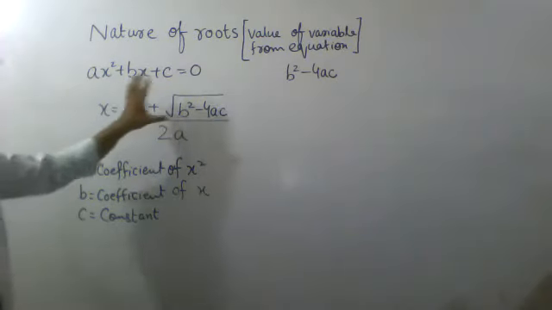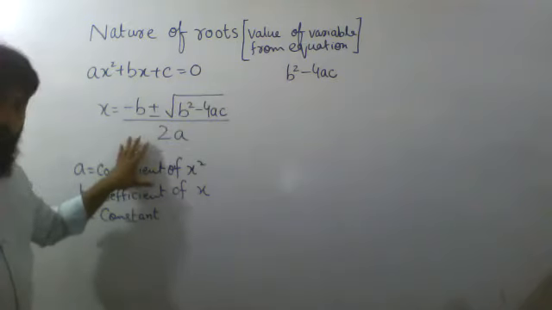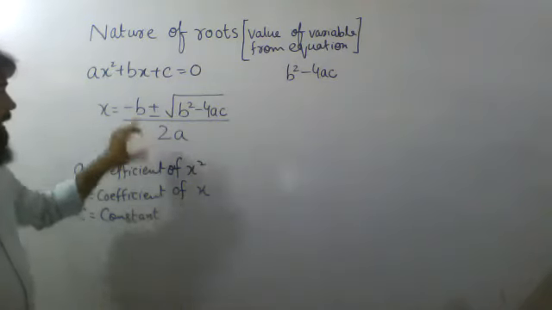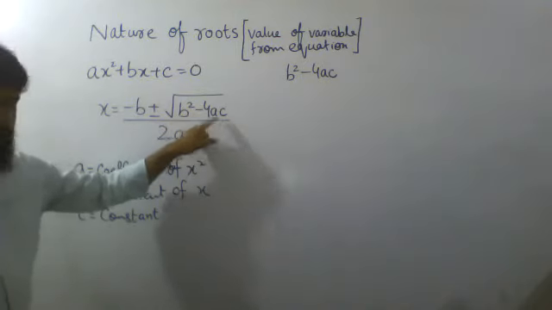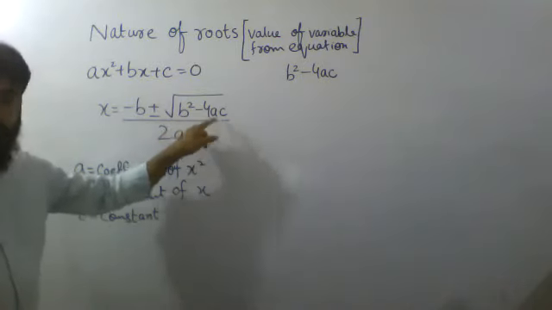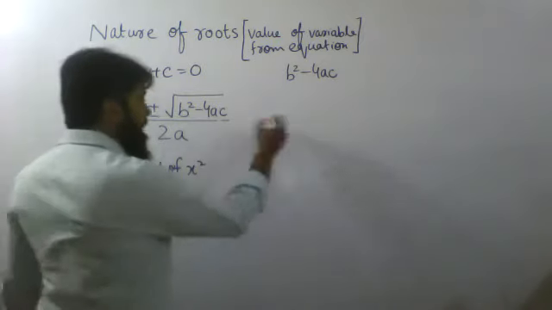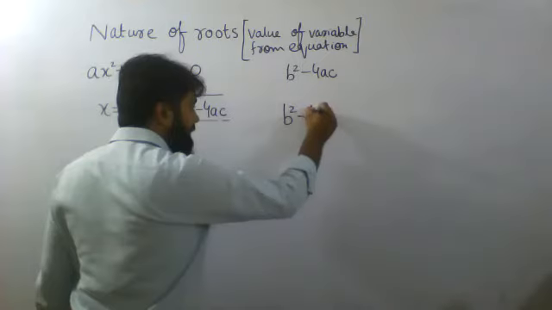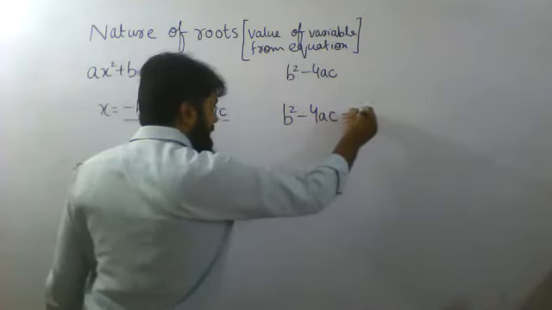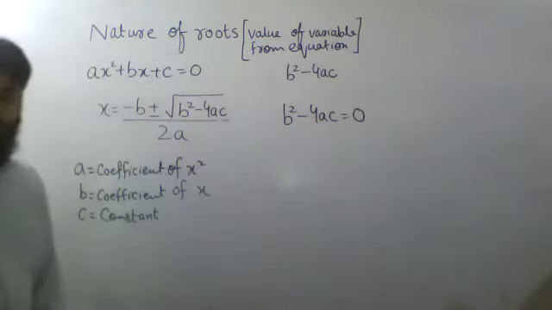Now, for instance, what is going to happen if my b square minus 4ac is coming equals to 0?